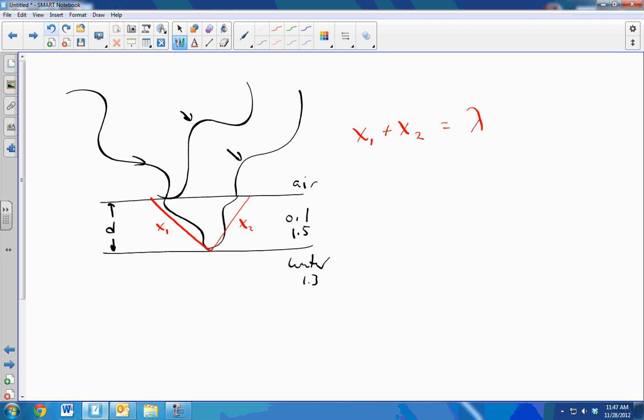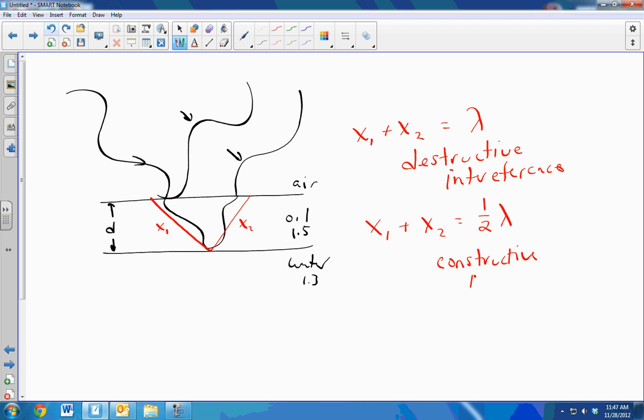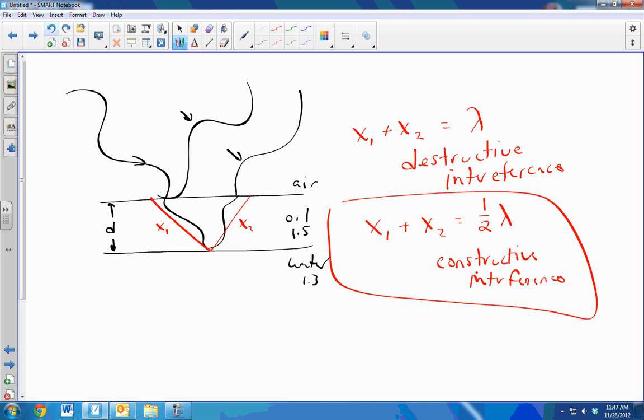So you'll end up with destructive interference. If that path length, x1 and x2, the path that this thing travels, is equal to a half of a wavelength, then you end up with constructive interference. So what is that path length that that thing is actually traveling?